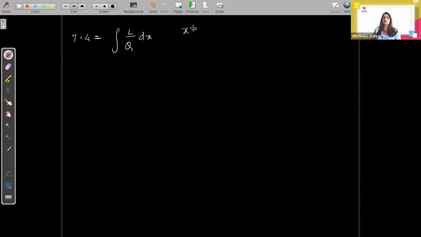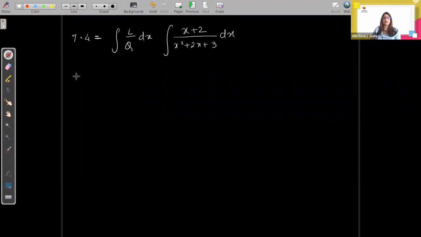So x plus 2 by x square plus 2x plus 3 dx, if I have to integrate that, we know this already, correct? These were the type of questions we have already dealt with in the previous lesson, so that is not an issue.